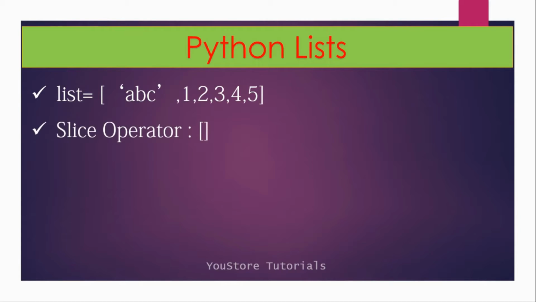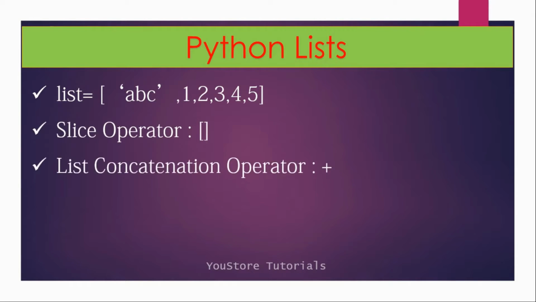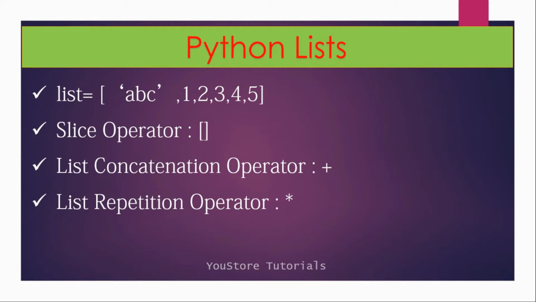The plus operator acts as the list concatenation operator in Python, and the asterisk operator acts as the list repetition operator. Here is an example of a list, declared in square brackets. It contains one string, enclosed in single quotes, and then 5 numerical values.